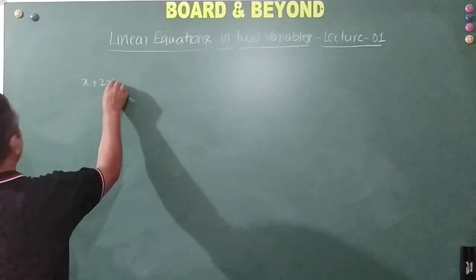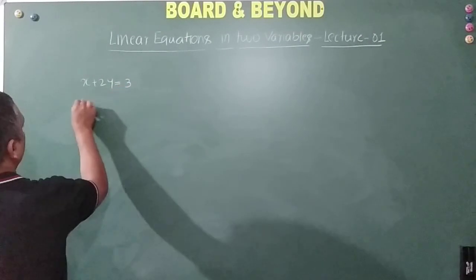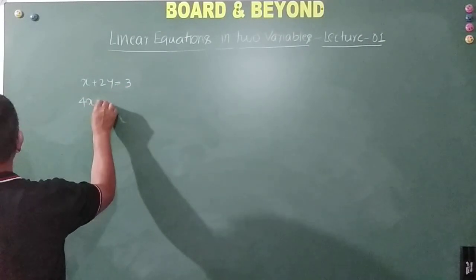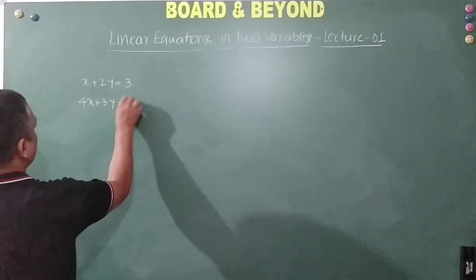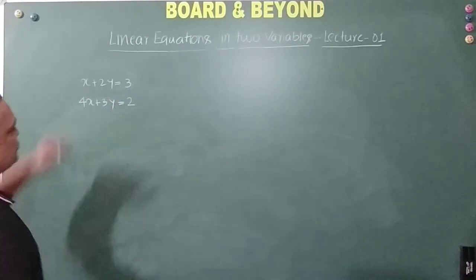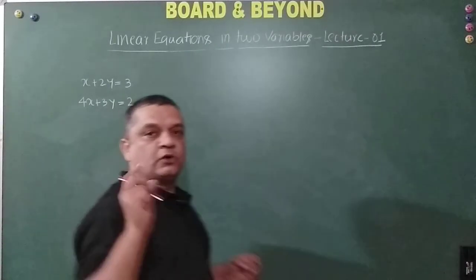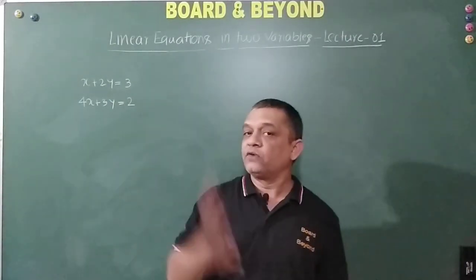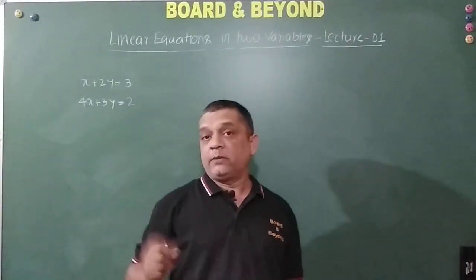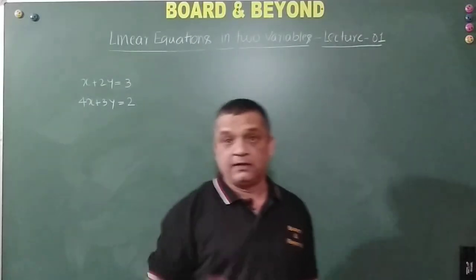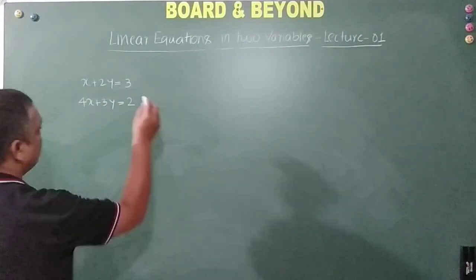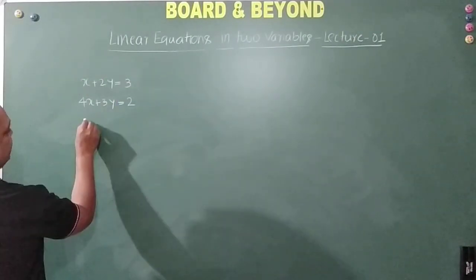x plus 2y is equal to 3 and 4x plus 3y is equal to 2. I need to solve these two equations graphically. Whenever we have to solve two equations graphically, friends, we express one variable in terms of the other variable, right? So let's do that. Let's take the first equation.